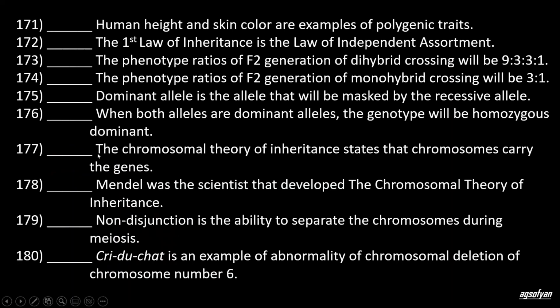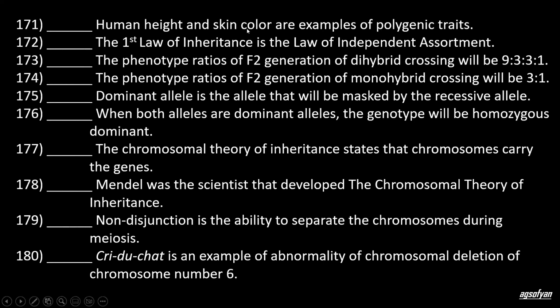Okay, 171 to 180, this is true and false. Human height and skin color are examples of polygenic traits. True or false? Yes, it is true. Human height and skin color are caused by several genes.